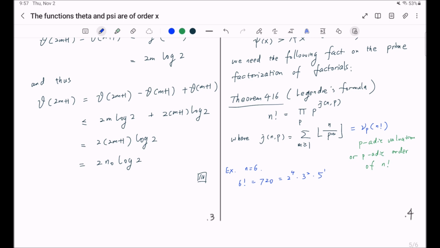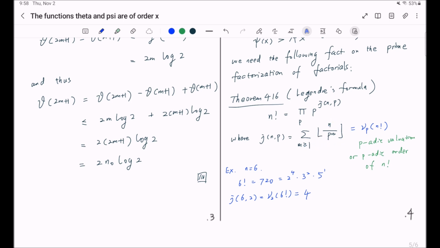And the exponent j of 6, 2, which is also nu sub 2 of 6 factorial, is equal to 4.